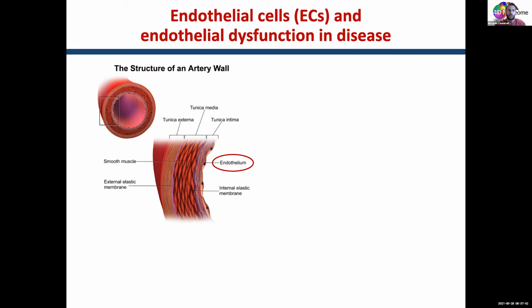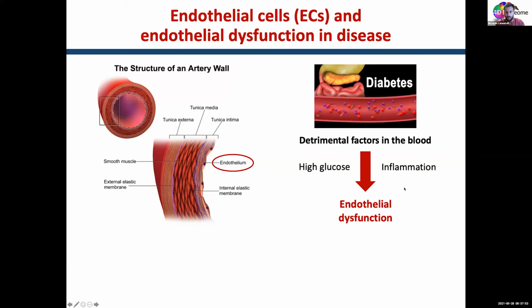So also to all the detrimental factors that are present in blood in several diseases that can cause endothelial cell dysfunction. Now, diabetes is one of the most prominent risk factors, which affects 1 out of 3 people in the United States, and it can damage this layer. It does that by providing mainly 2 types of stresses.